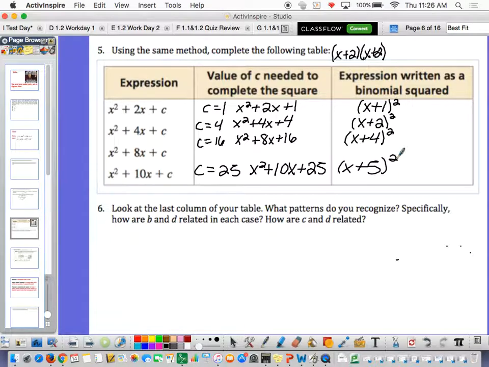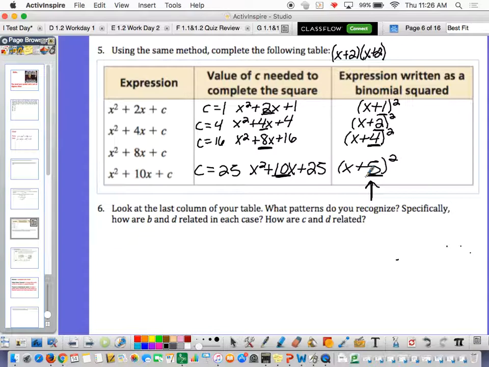Okay. So here in number 6, it says, look at the last column of the table. So that's this one right here, the last column. What are the patterns that you recognize? Specifically, how are B and D related? So here's the B value. We're going to call this the D value. So here's B, here's D, here's B, here's D, here's B, here's D. How are B and D related?